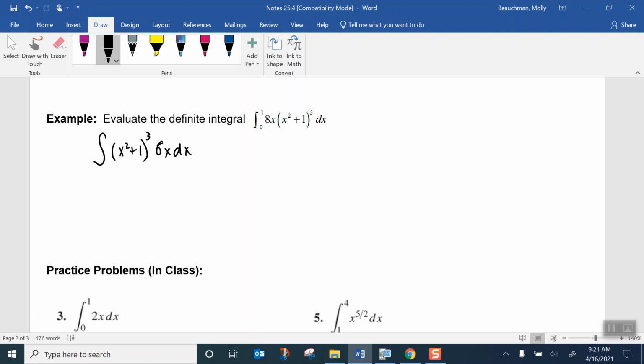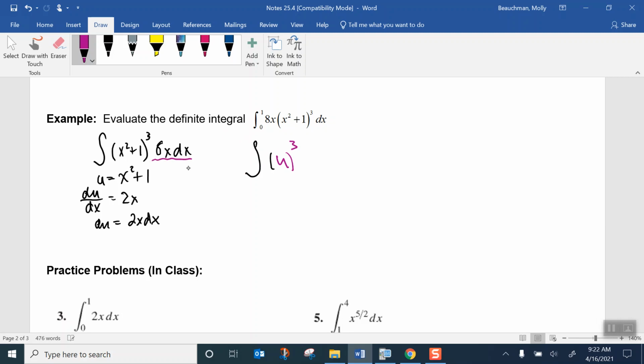So a reminder with u substitution, let u equal whatever's in the parentheses to the power: u equals x squared plus 1. Then find the derivative of u with respect to x. That's going to give us 2x. Multiply both sides by dx, so we get du equals 2x dx. Now, before we do the substitution, I know right now that I can substitute u to the third, and I have 8x dx, but I can't make a direct substitution yet because this is 2x dx.